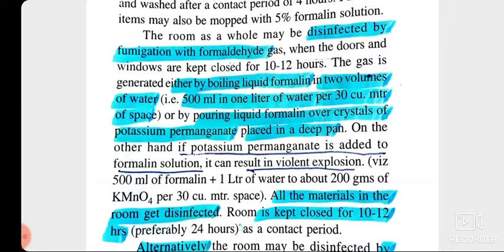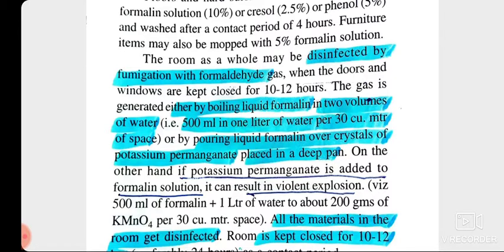The gas is generated by boiling liquid formalin in 2 volumes of water, that is, 500 ml formalin in 1 liter of water per 30 cubic meters of space, or by pouring liquid formalin over crystals of potassium permanganate.